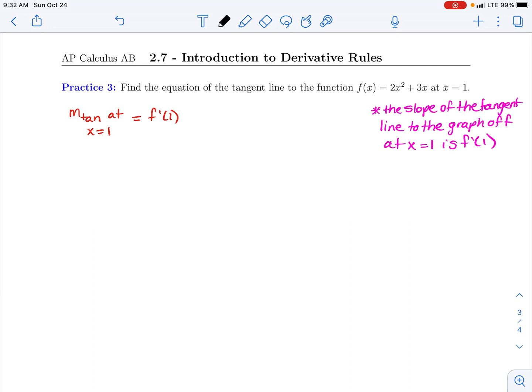Okay. And then I also need a point. So I need a point on the graph, and the only point that I know how to find where it makes sense, where it's on both the function and on the tangent line, is at x equals 1.